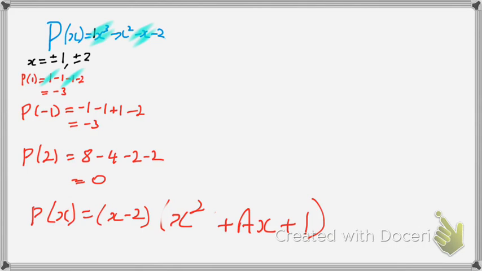So then I try expanding. Now let's do this in a different color because I can rub it out then. So I get P(x) equals, let's pick a darker grey. So I get x cubed minus 2x squared plus ax squared. And that's all the x squared terms.